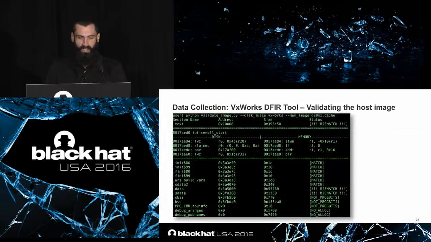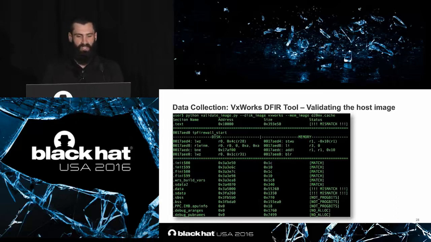So I wrote a quick tool to demonstrate the ability of pulling live memory and caching it, and then validating that it's good. Basically, this creates a mock process memory space, and I'm able to iterate over every instruction in the text sections, all of the data.